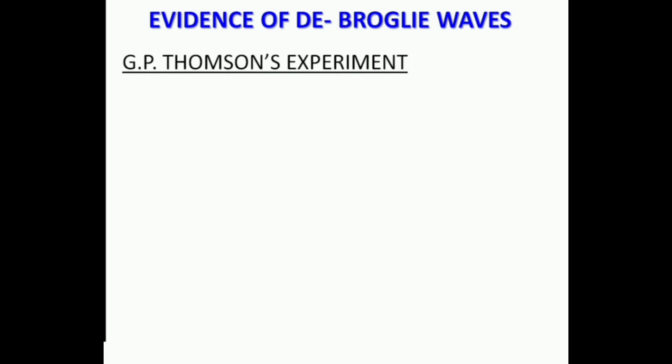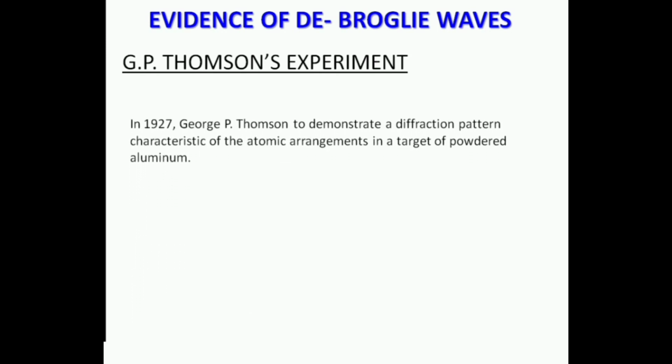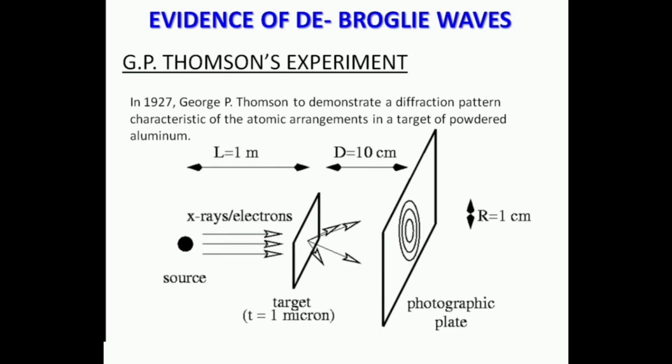Now we'll discuss the Thomson experiment, which is evidence of the possibility of de Broglie waves, the de Broglie hypothesis that electrons or any particles can also have a wave-like character. In 1927, George P. Thomson demonstrated a diffraction pattern characteristic of the atomic arrangement of a target of powdered aluminum. This is a diffraction pattern, the Fraunhofer diffraction pattern.